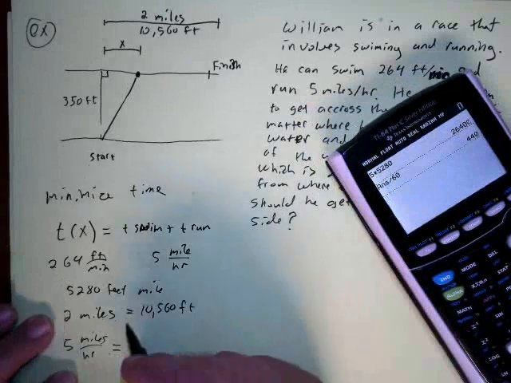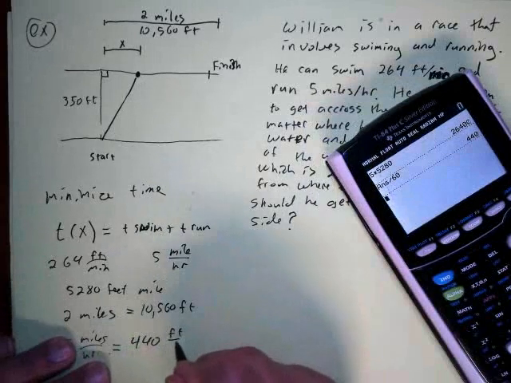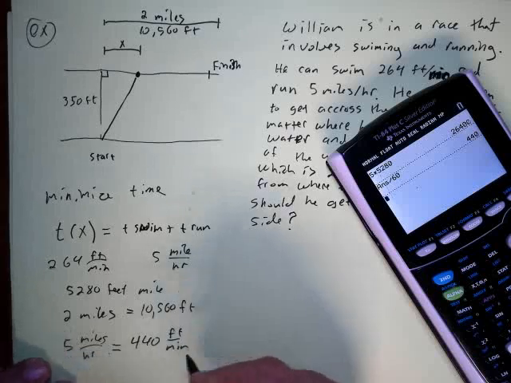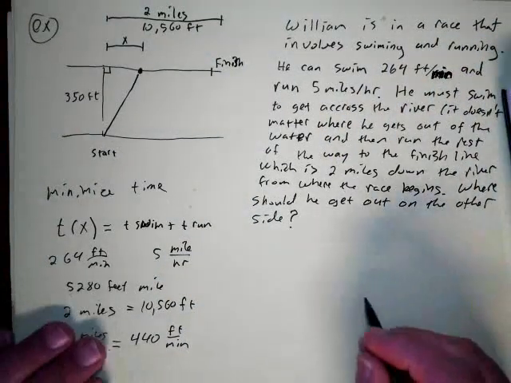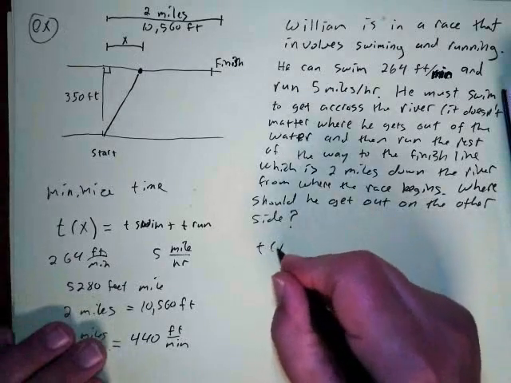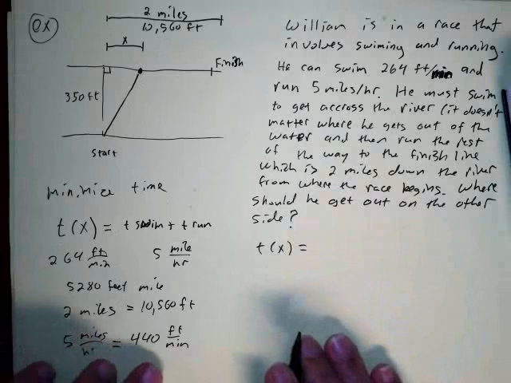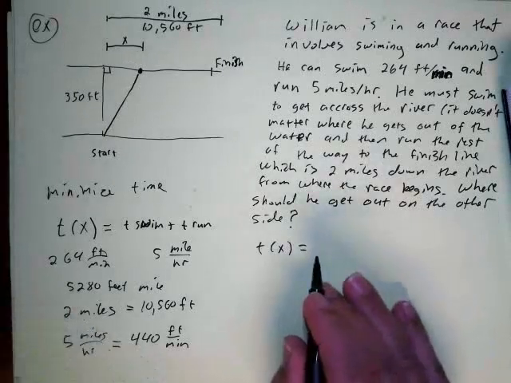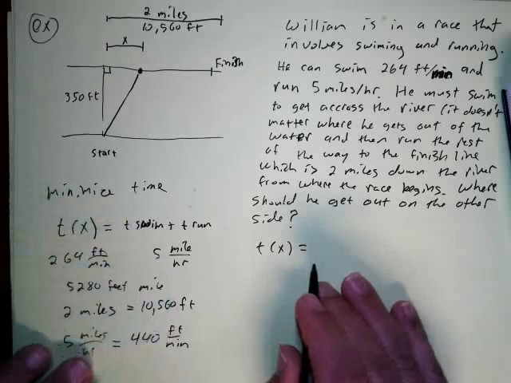And so it's 440 feet per minute. Right? Okay? So notice the t of x here is actually going to be the time it takes him to swim and to run.